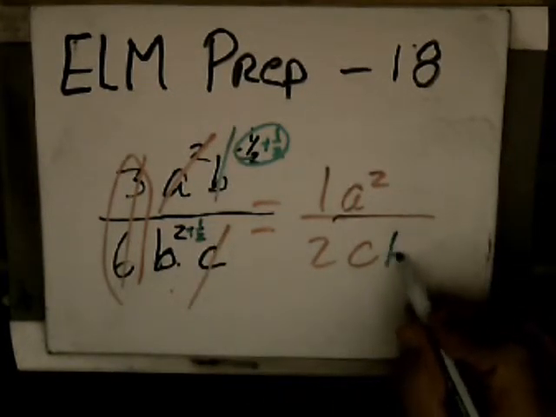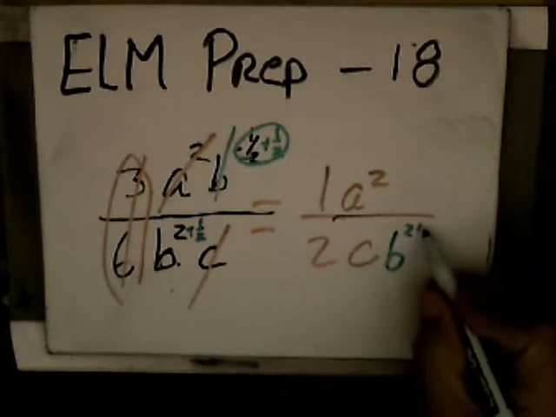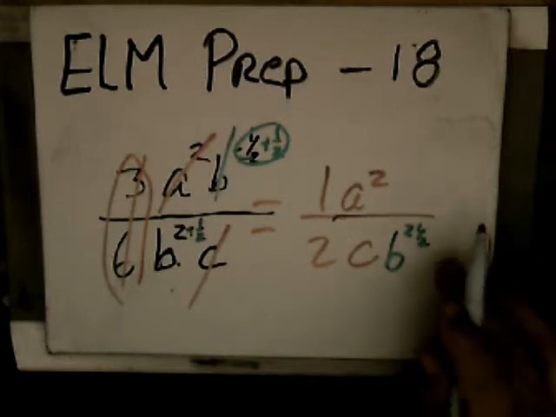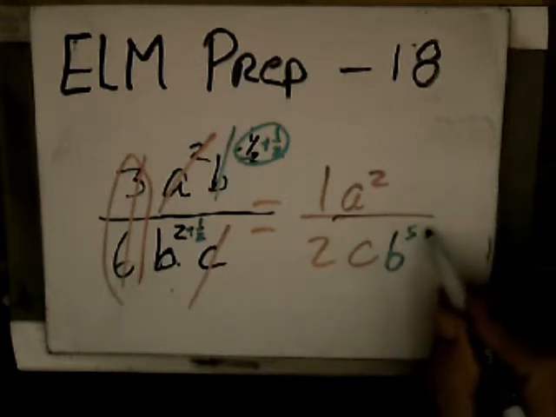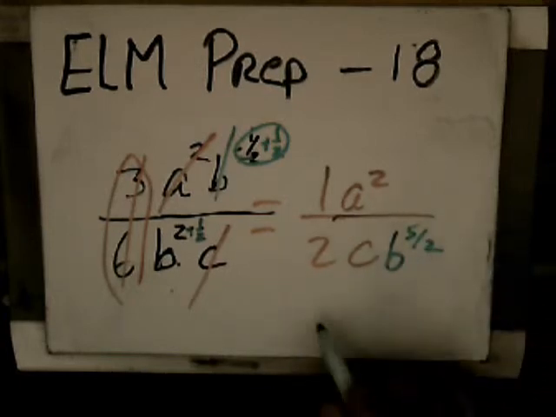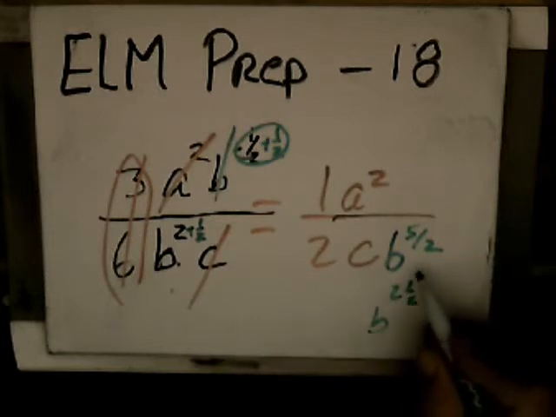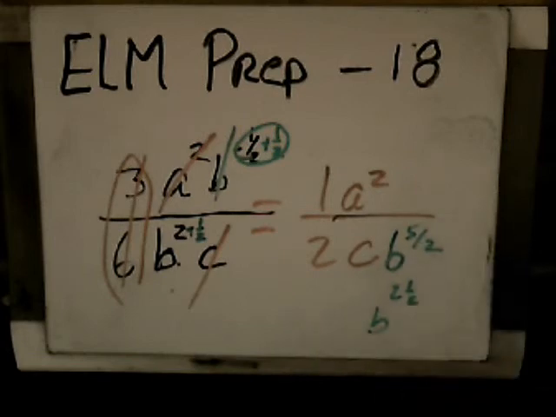So then this will become b to the 2 and 1/2, or if you want to change that to an improper fraction, that would be b to the 5/2. So you could have b to the 2 and 1/2 or b to the 5/2. Either one of these would be the same answer, and it just depends on what the test answer would be.